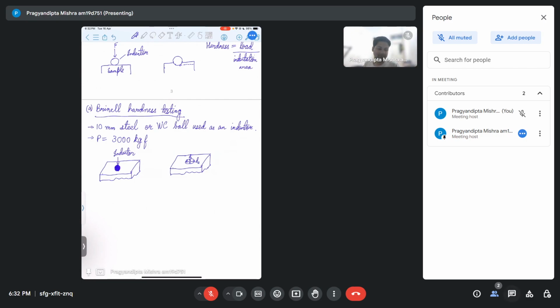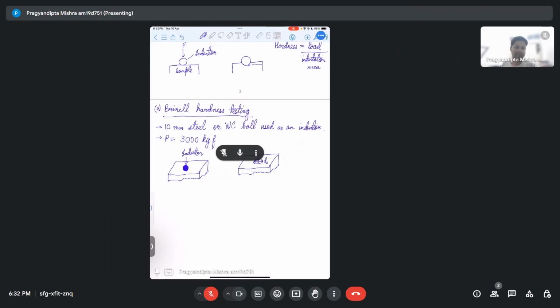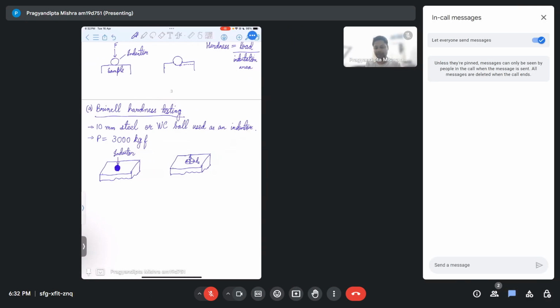Why would you expect them to be the same, D1 and D2? Because it's a circular indenter, right? So the circular impression that it will form on the surface will most probably be the same in all directions.